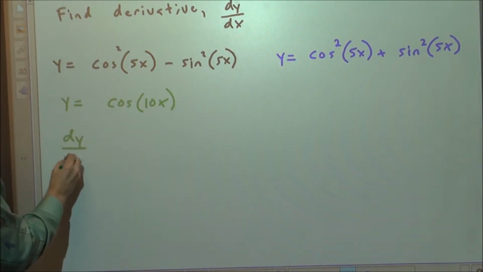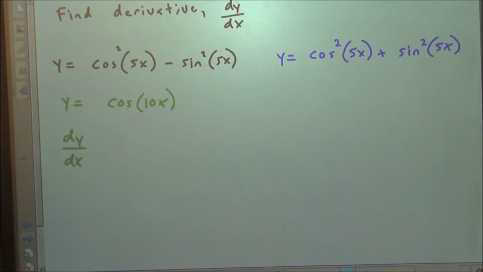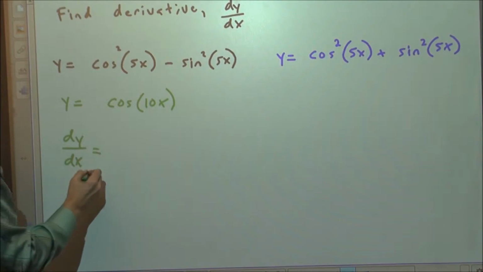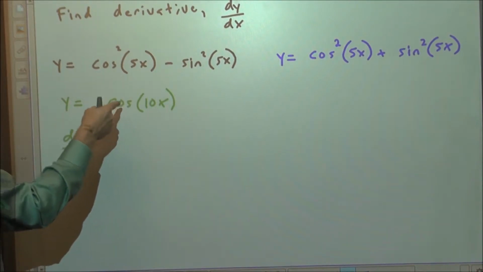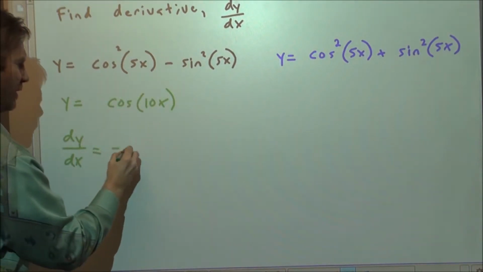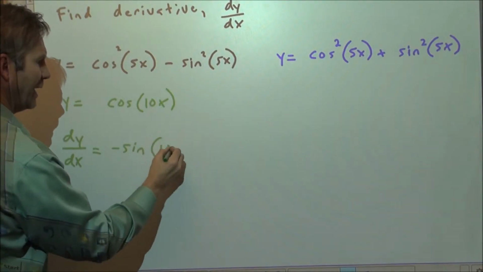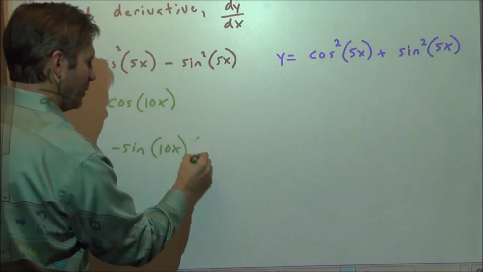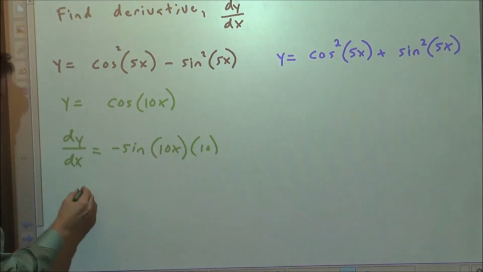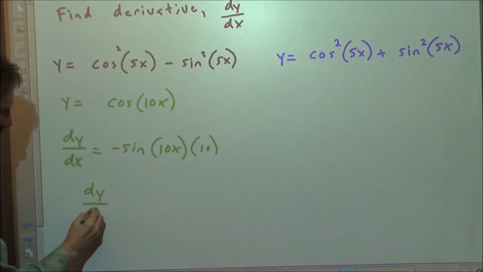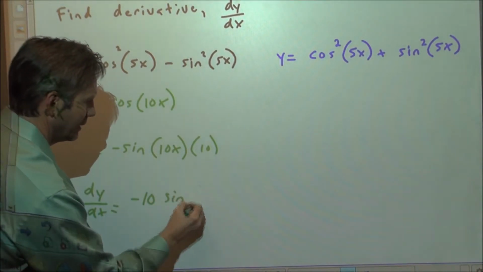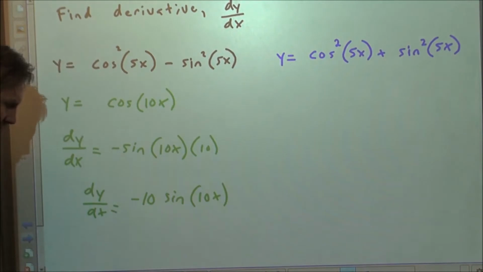We can use the chain rule, so we're taking the function of a function. So first we would take the derivative of cosine of this, which is negative sine of that angle, and then we'd multiply it by the derivative of the angle, which is 10. So in the end, the derivative of y with respect to x would be negative 10 sine of 10x.